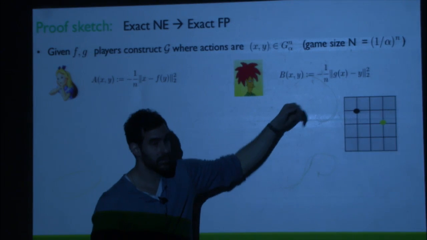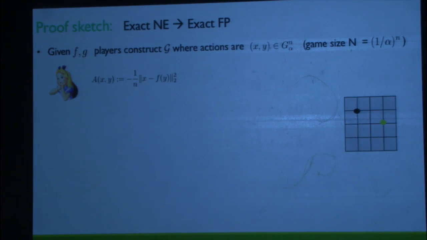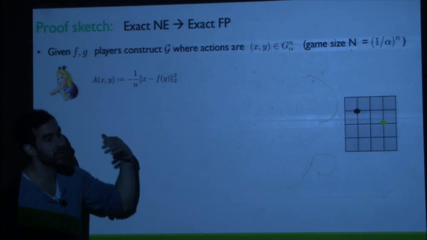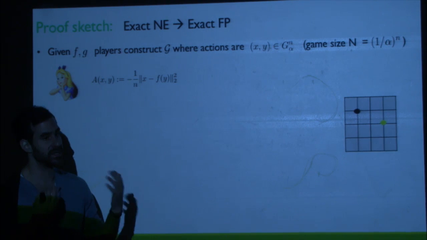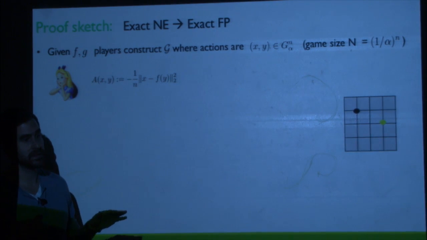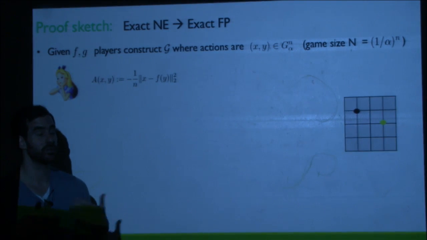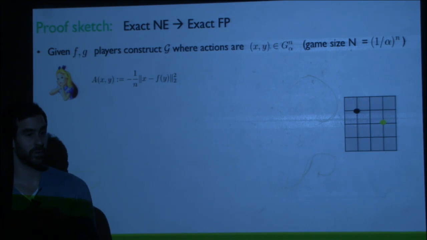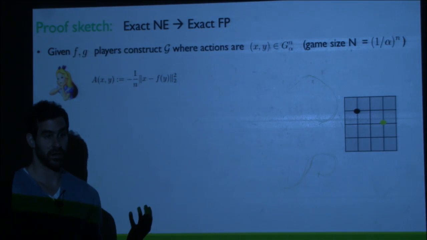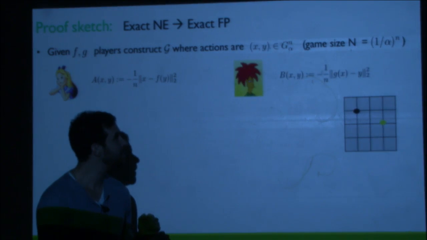And similarly for Bob. I will show that I'm describing a game that can be obtained using no communication, such that for any exact Nash equilibrium in this game, if you have a too good to be true protocol that finds an exact Nash equilibrium, this protocol will also produce an approximate fixed point of the composed function.